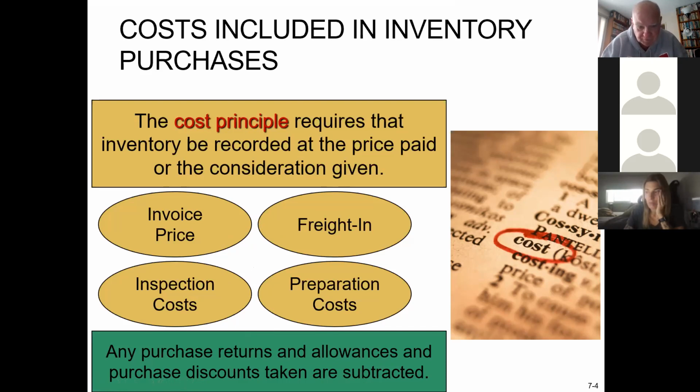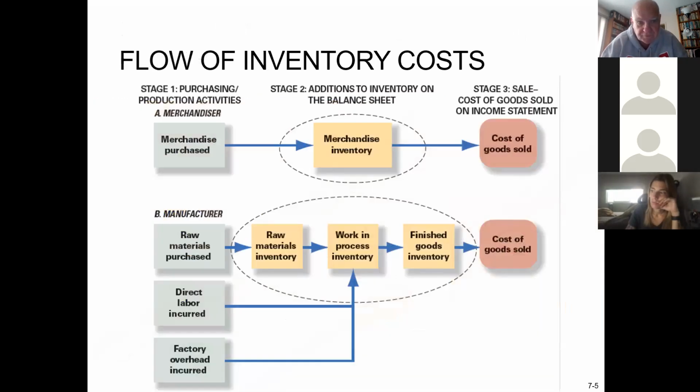And any purchase returns and allowances are subtracted. So in this chapter, we are purchasing goods, and we might have purchase returns and allowances and what's called cash discounts, the opposite of what we call them in chapter 6. We only need to look at the top of this thing, okay?